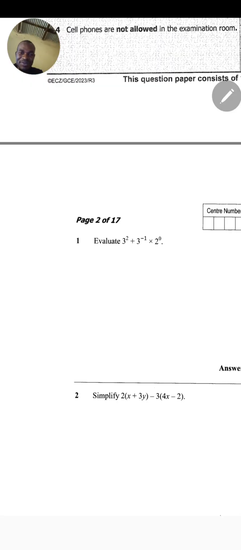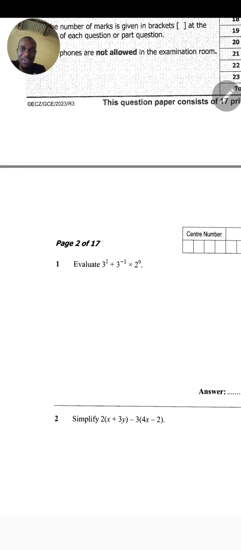All right, so the question number one that we have here that had come in this year was: evaluate 3 squared plus 3 to the power negative 1 times 2 to the power 0.